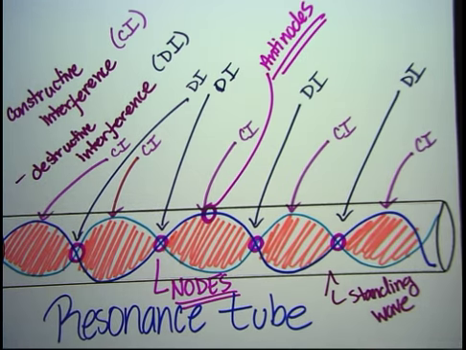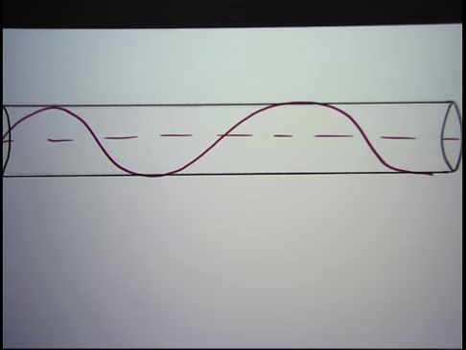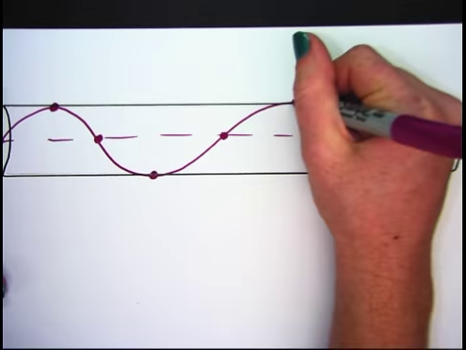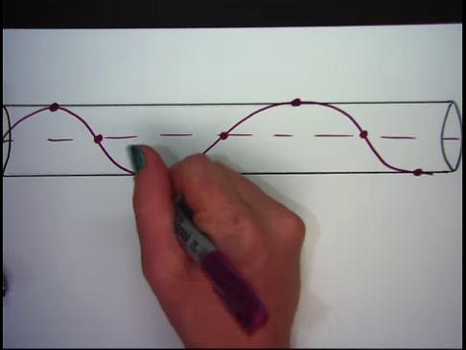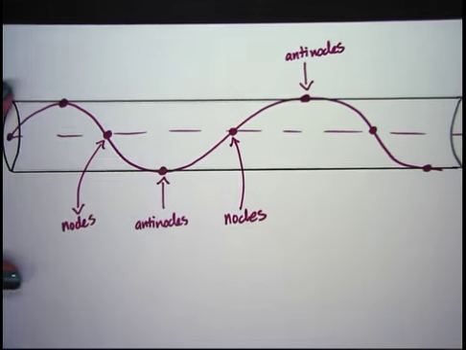And so what you're going to do is identify your nodes and antinodes. And by identifying your nodes and antinodes, you'll be able to measure a full wavelength.